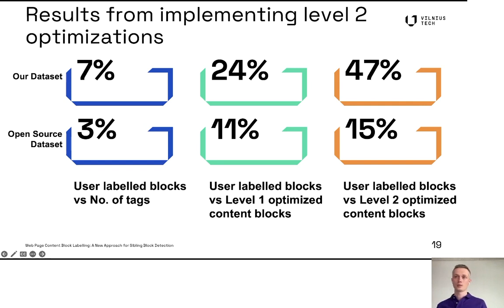Discarded blocks are auto-labeled thanks to the relationship they have with blocks that are selected for further processing. Open source dataset improvement was not as high in this case as with our own dataset, but this is partly due to the fact that websites in 2013 were simpler and there was less usage of repeatable components.